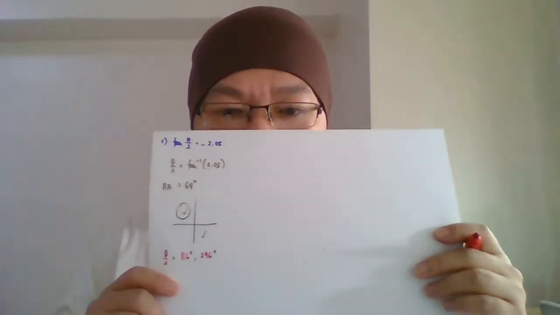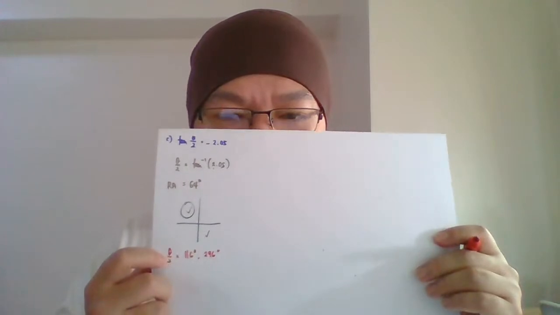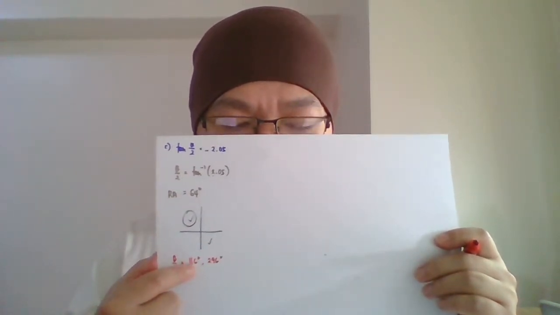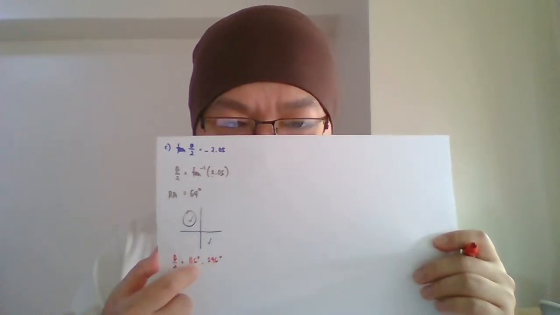So theta over 2 equals to the second quadrant will be 180 tolak 64, 116, and the fourth answer will be 360 minus 64 will give us 296 degree. Next one, I told you theta over 2 you need to copy, first answer, second answer.